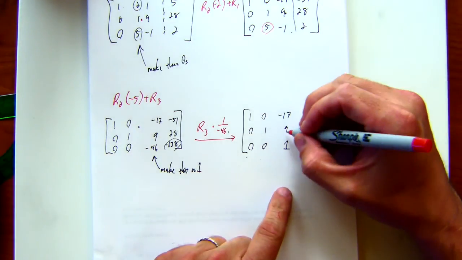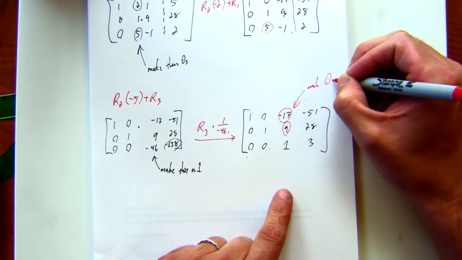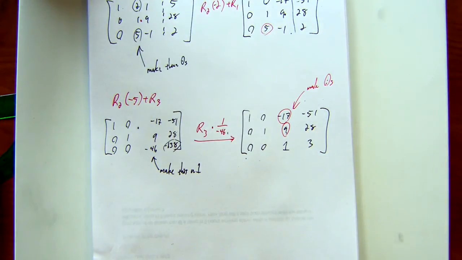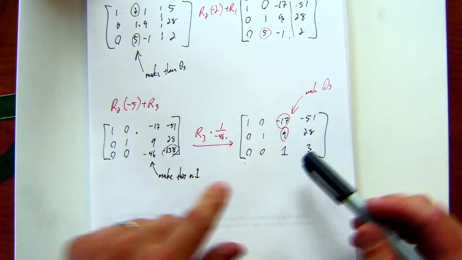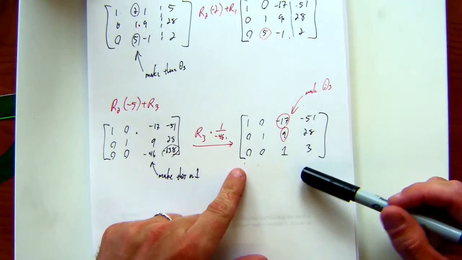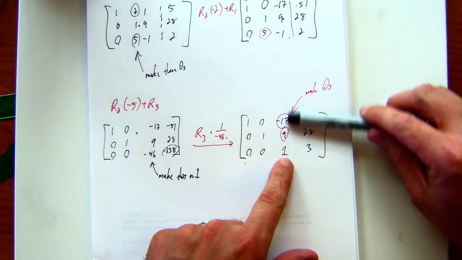Notice that I've got to make these zeros. Okay? Make these zeros. Now, which row do I want to use to make them zeros, though? Good. Why, David? Yeah, whatever times 1 would make these zeros.